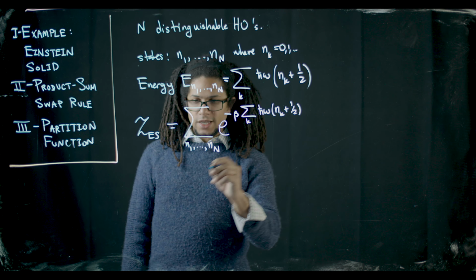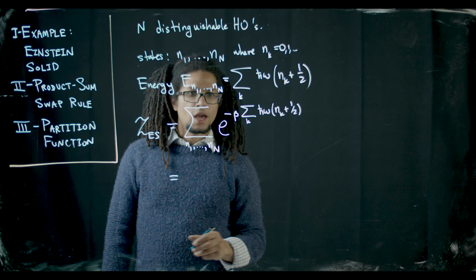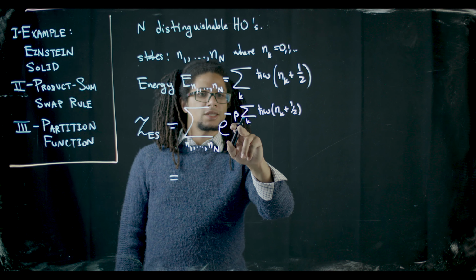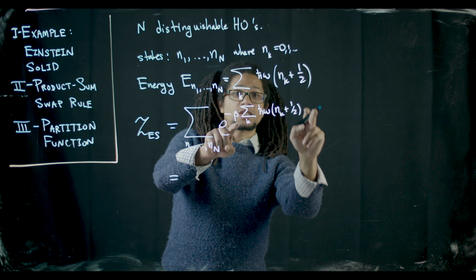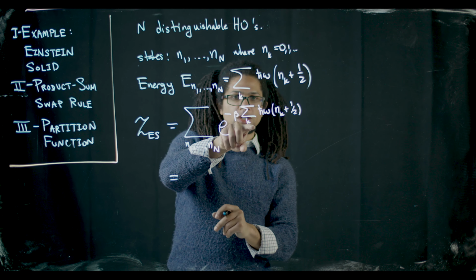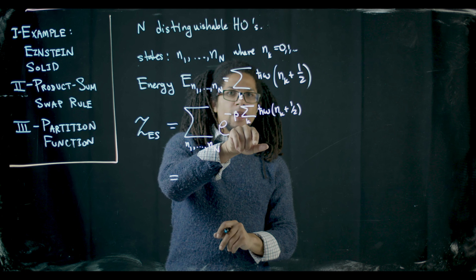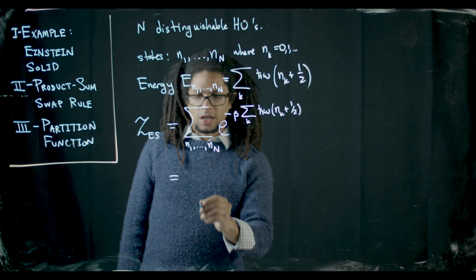All right, so the next thing that I want to do is look at the fact that because this is e to the power of a sum, so there's a sum in the exponent, we can break this up into a product of exponentials.